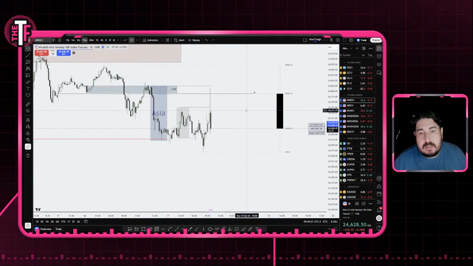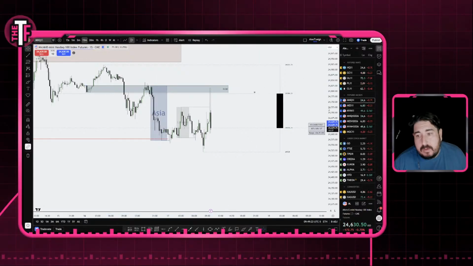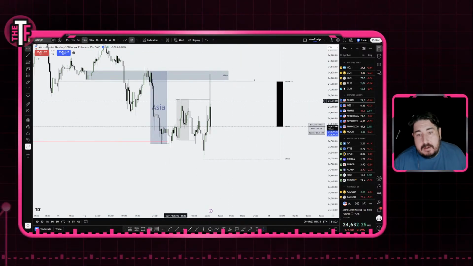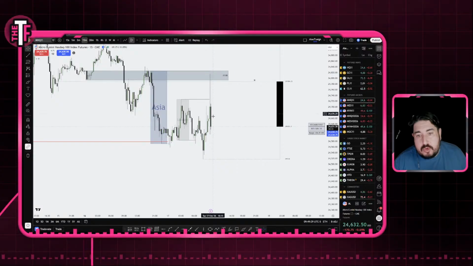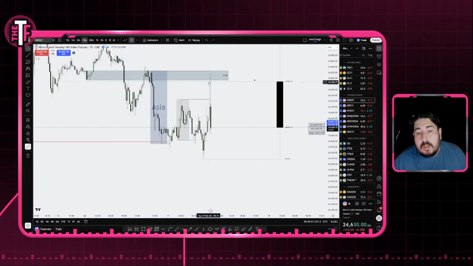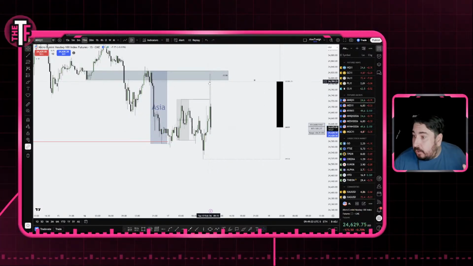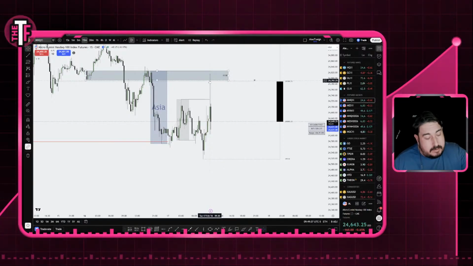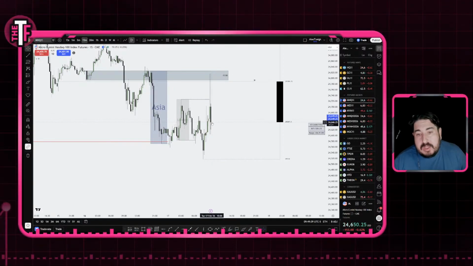What can I see also? I can see over here that price has taken the London high with this huge 15-minute candle. Remember the fractal model. What do we have over here?